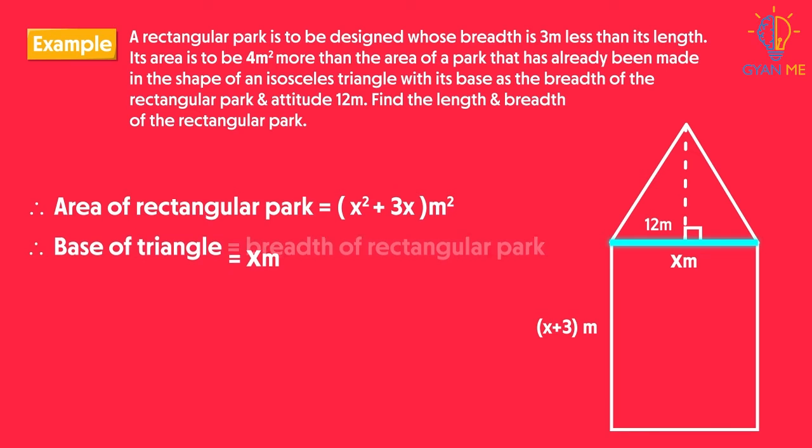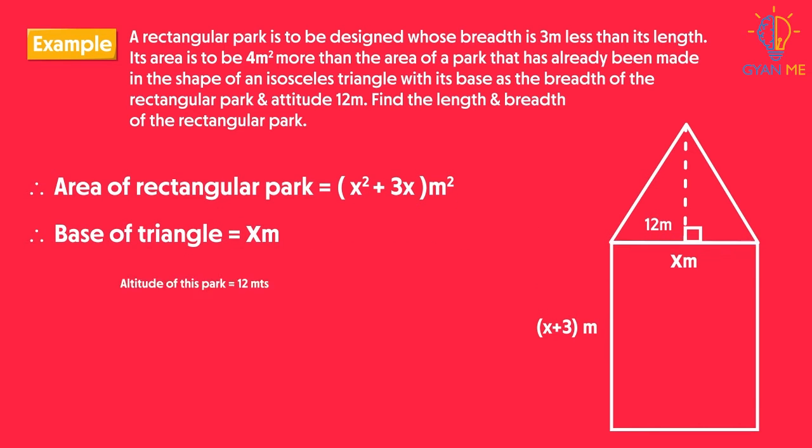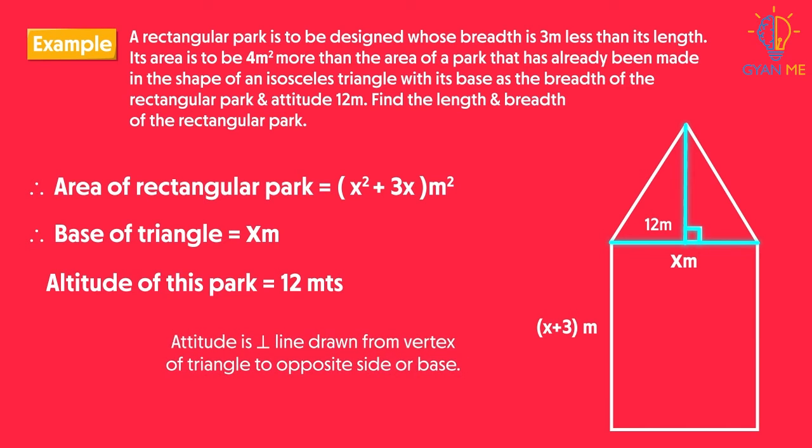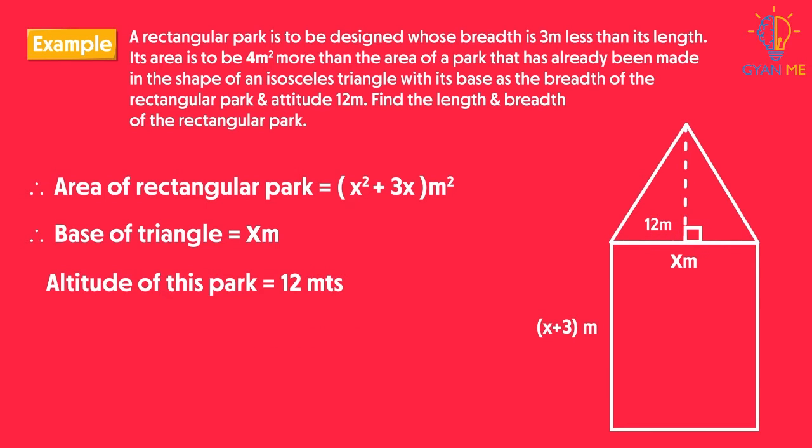We also have the information that the altitude of this park is 12 meters. Students, recall that altitude is a perpendicular line drawn from a vertex of a triangle to the opposite side or base of that triangle. This gives us the height of that triangle. Therefore, the height of the triangular park h is 12 meters.